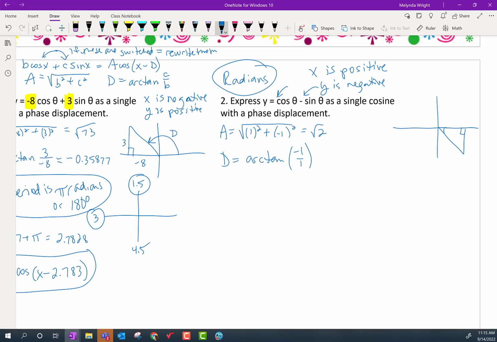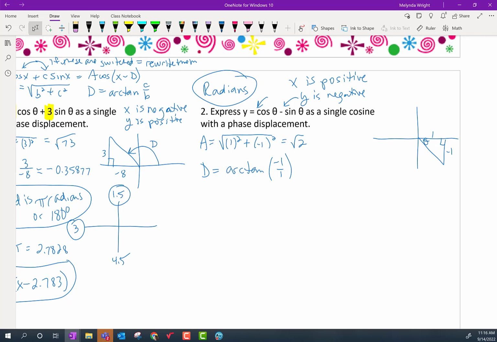And so we know that tangent is opposite, so -1 over adjacent. Okay, so we're in quadrant 4. Now, let's think about our unit circle values. If we were looking at the unit circle, going all the way around, all the numbers out here, like this is 1, 0.